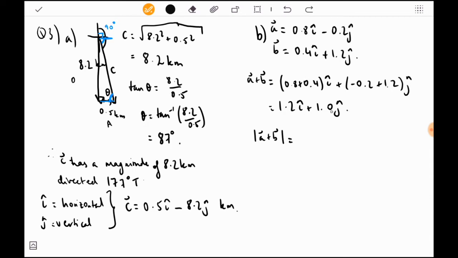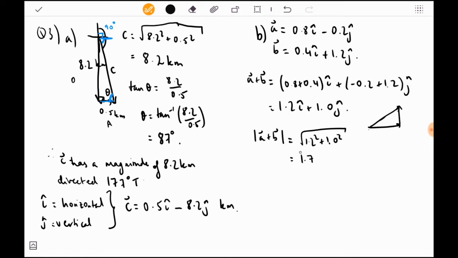So we could draw this out as the horizontal component and the vertical component, so the magnitude will just be the length of this, which we can find using Pythagoras. So the square root of 1.2 all squared plus 1.0 all squared, and that is equal to 1.7 once again to two significant figures.